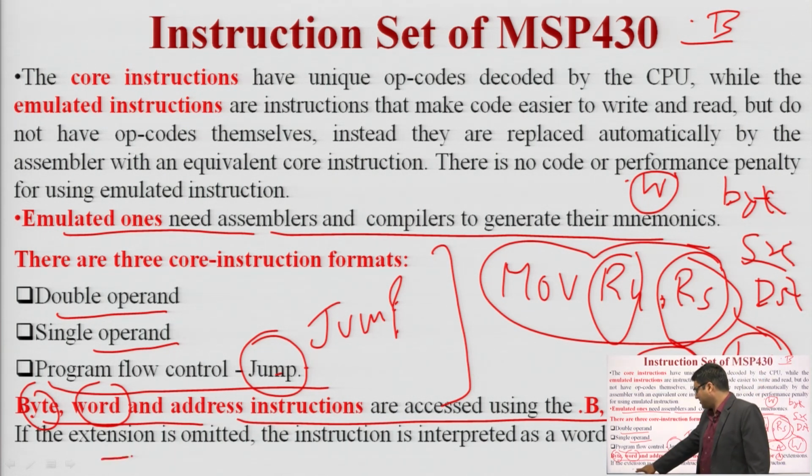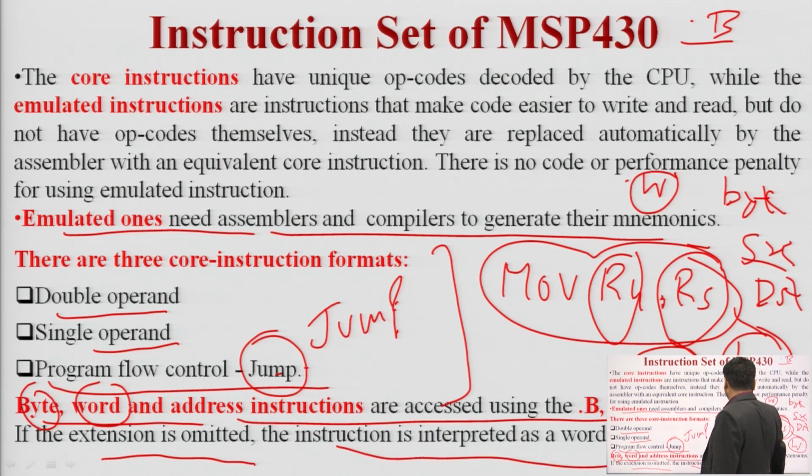If the extension is omitted, the instruction is by default interpreted as a word operation, that is, 16 bits of data at a time.